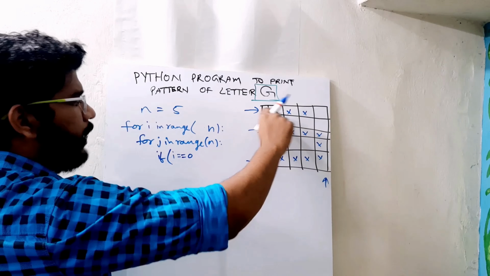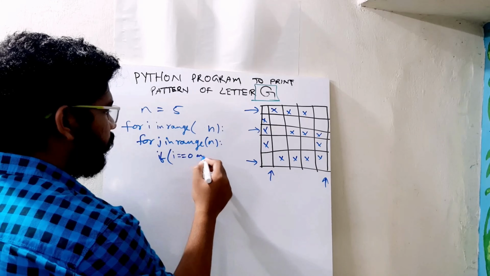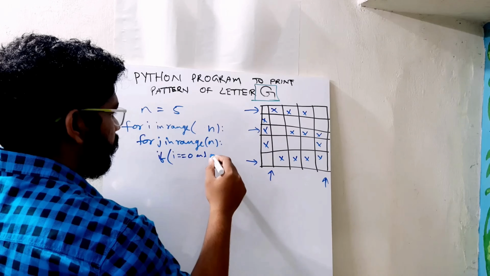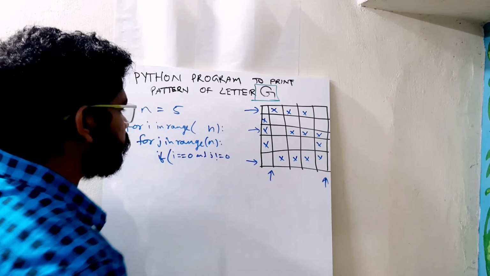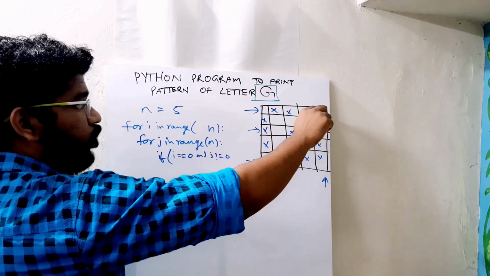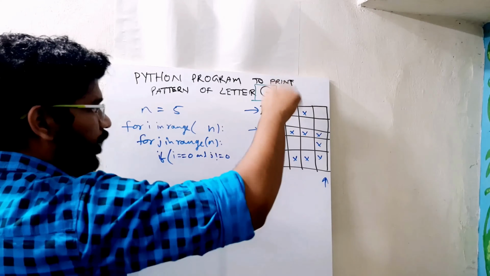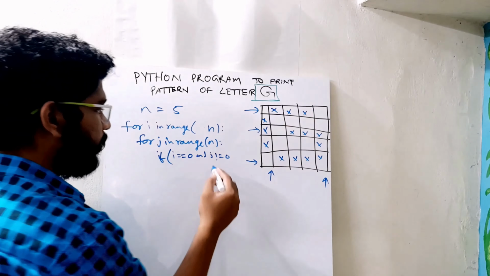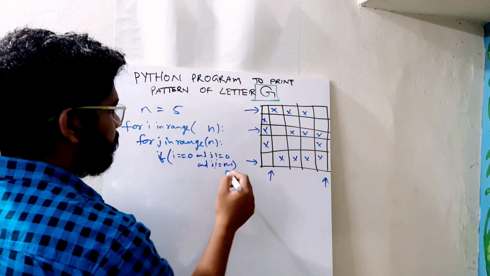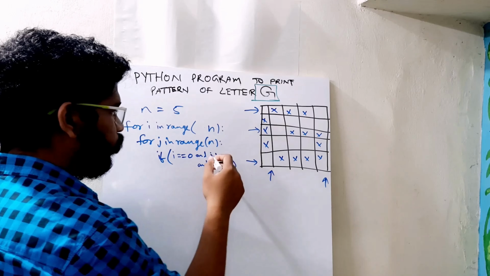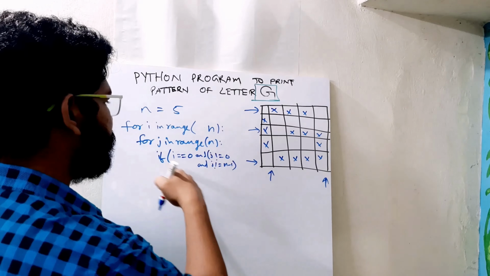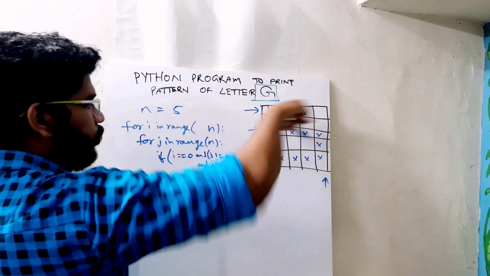In these three we only want to keep the ends empty. So I write a condition where j is not equal to 0, and also j should not be equal to the last column. So I'll write j not equal to n minus 1. I'll group these two conditions, j not equal to 0 and j not equal to n minus 1, as one condition. So this is the first condition for printing the first row.